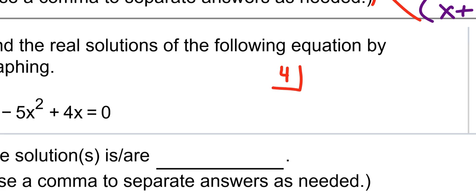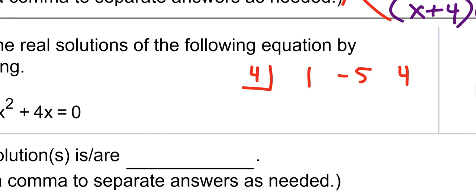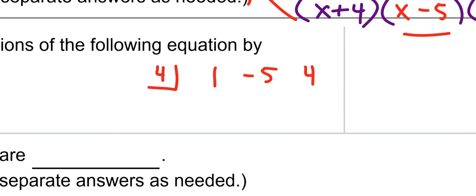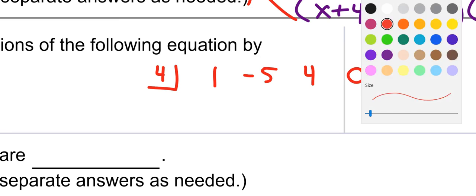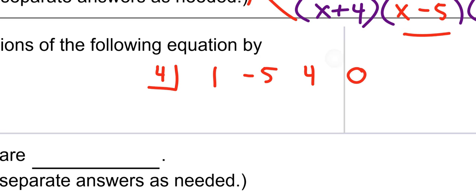What are my coefficients? 1, -5, 4. Now you said something interesting, that there's a 0 at the end. I'm going to put it down there, and I know it's not going to make a difference when we get to the end.